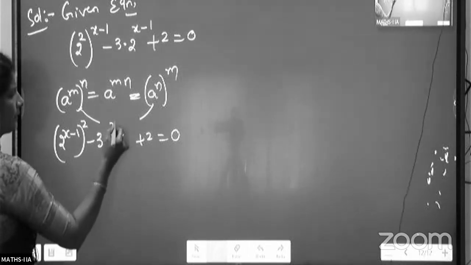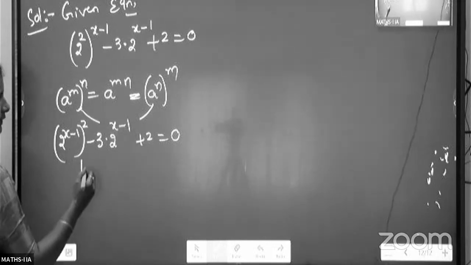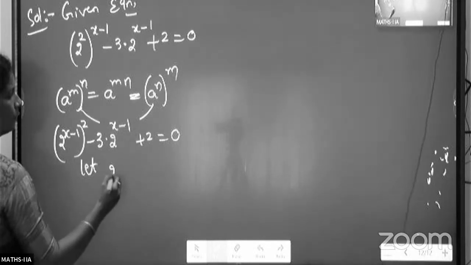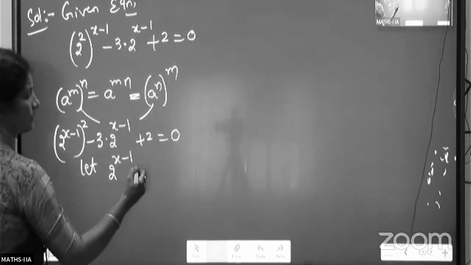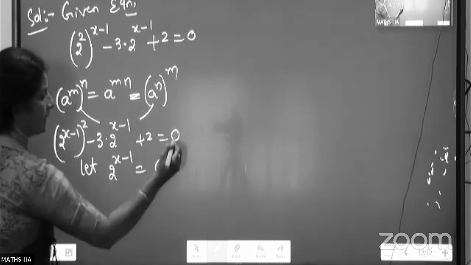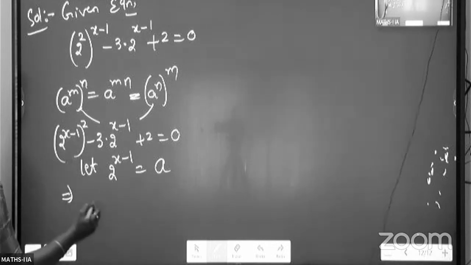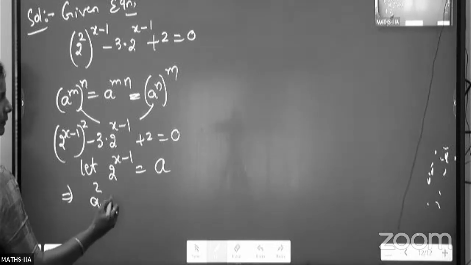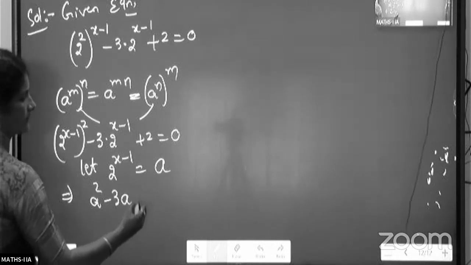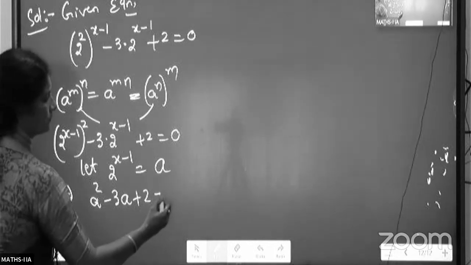Let 2 power x minus 1 be equal to some constant a. What do you get here? a square, because the inner part is a, minus 3a plus 2 is equal to 0.